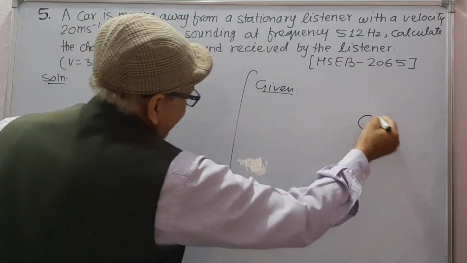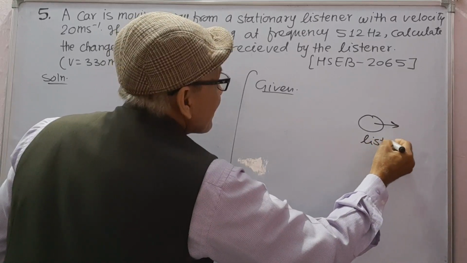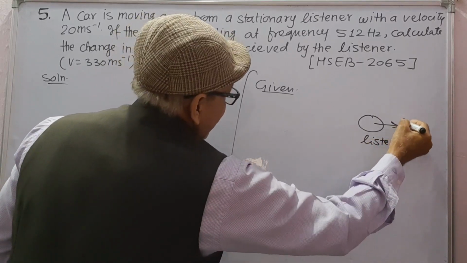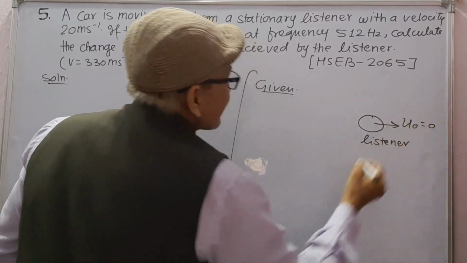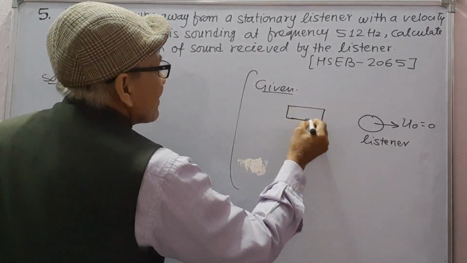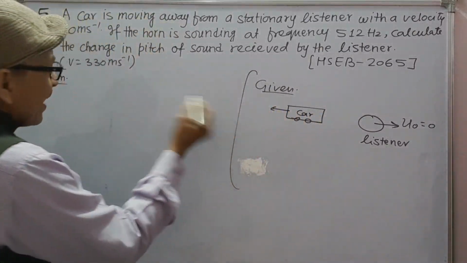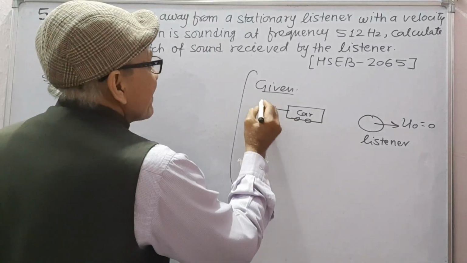Suppose this is observer or listener, which is stationary. This is car, going away from the stationary listener.